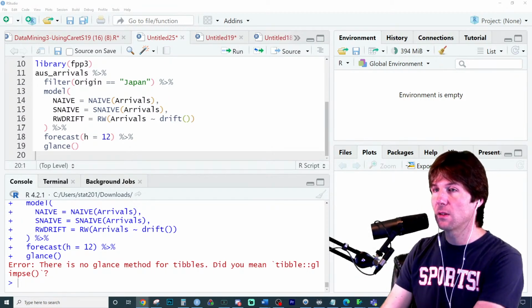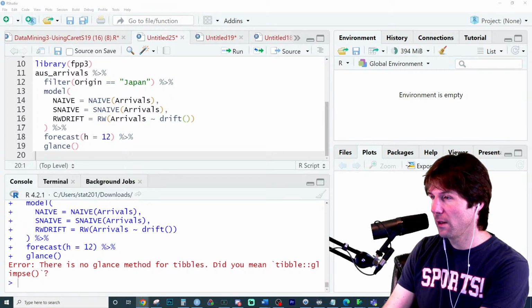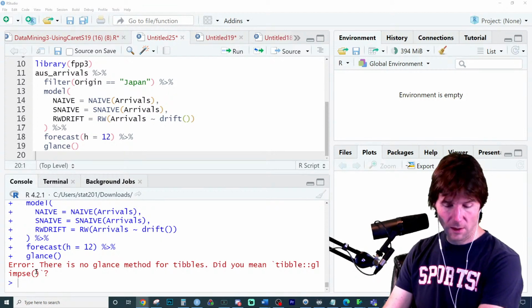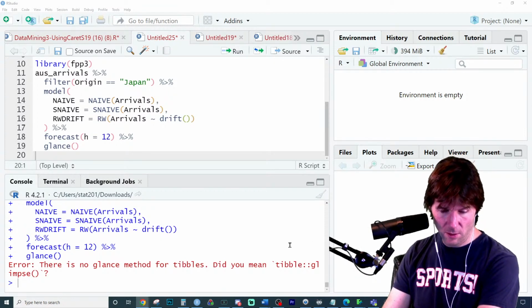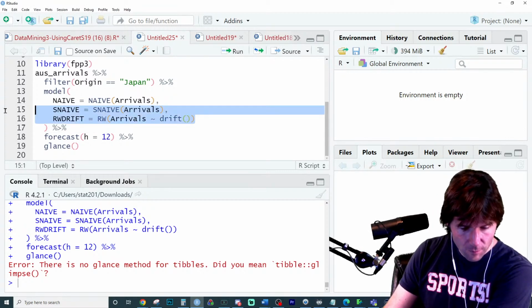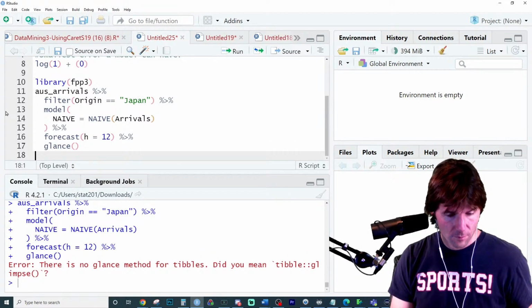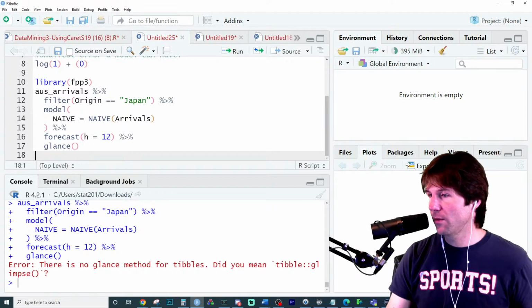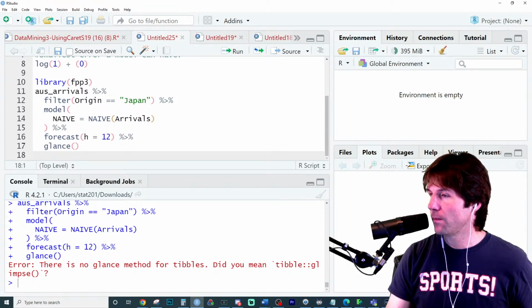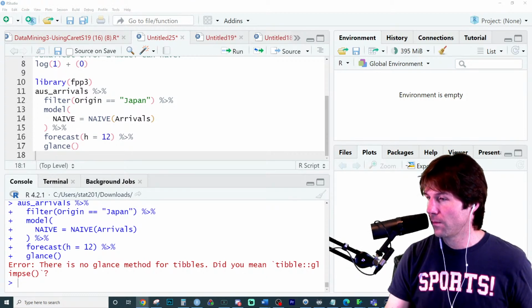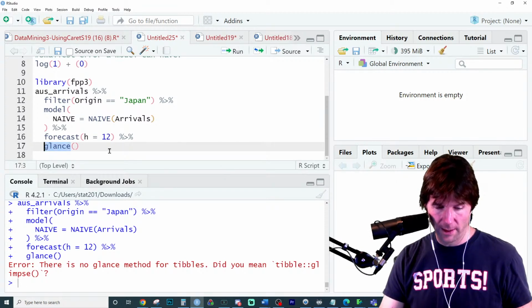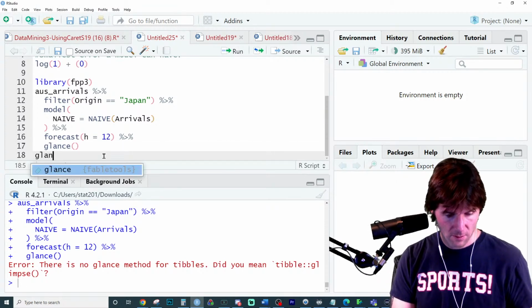Let's get the AIC. Did you mean tibble? There's no method of glance. Is the glance picking the wrong glance? Let me look at the glance I'm using.